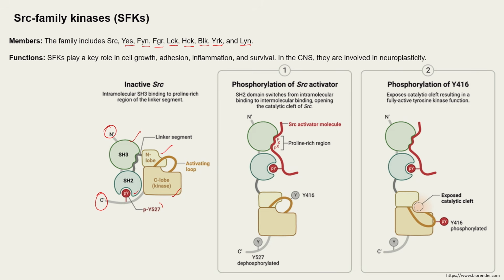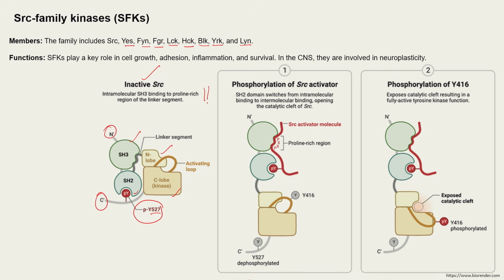There is a tyrosine at position 527 of this protein, which is phosphorylated. So this is an inactive SRC kinase. That means an inactive SRC kinase will have a phosphorylation of tyrosine at the 527 position. Again, intramolecular SH3 binding to the proline-rich region of the linker segment can cause the inactivation of SRC.